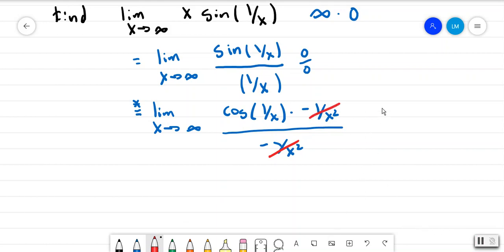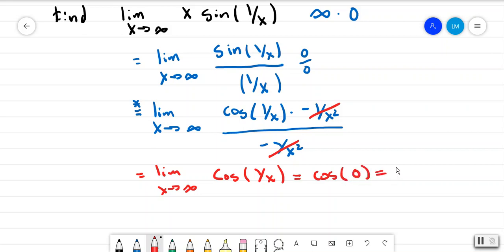So now we get cosine of 1 over x. So we have the limit as x approaches infinity of cosine of 1 over x, which if we take x to infinity, is just cosine of 0, which is just 1. So the answer is 1.